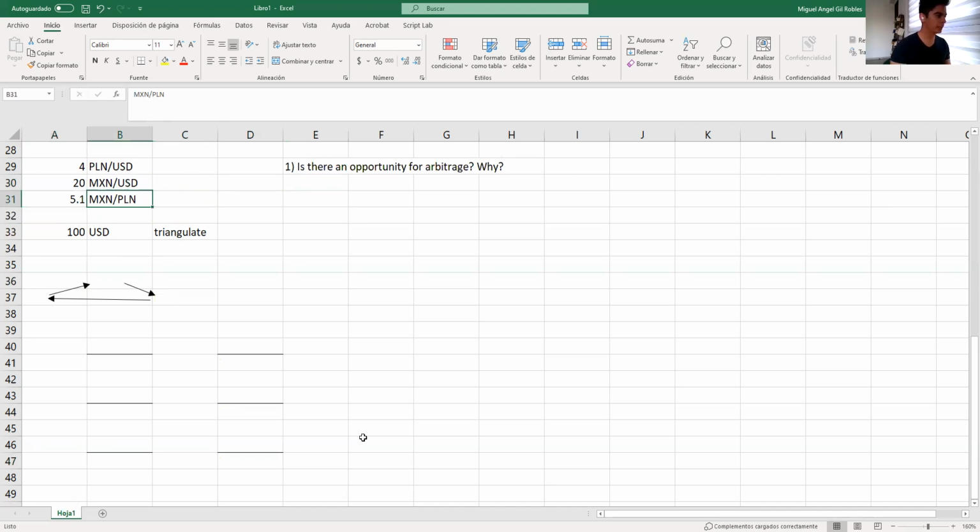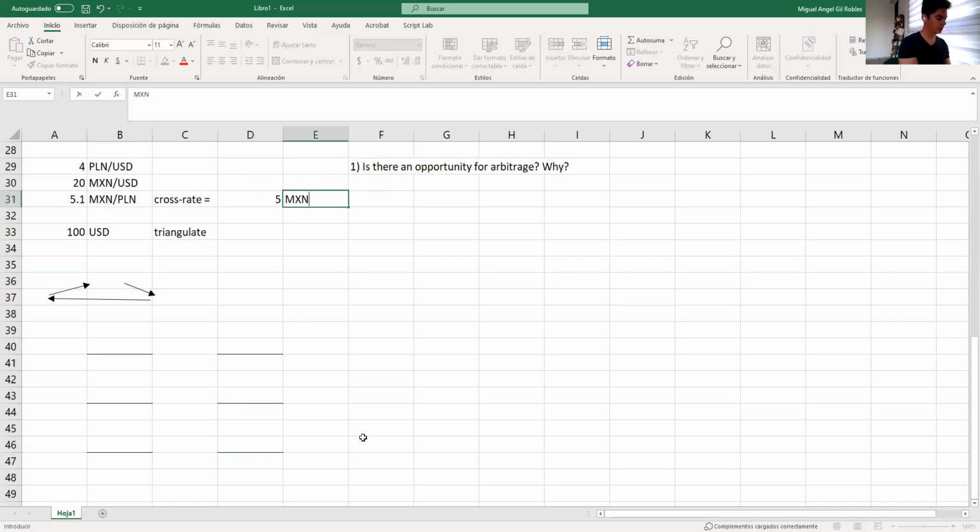So I will calculate a cross rate, which I did earlier. The cross rate is 20 over 4, and this 5 is pesos over zloty.